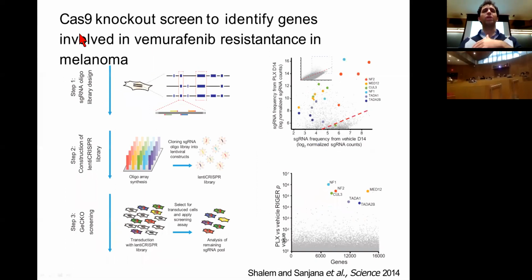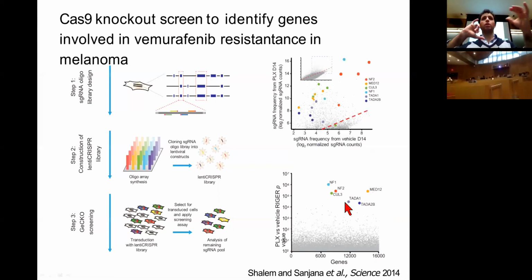You can use Cas9 knockout screens to identify genes involved in resistance. For example, you could use different guide RNAs and then select those cells that showed resistance, and then sequence to figure out what actually changed in their genome, and then identify the genes whose alteration or knockout was in fact leading to that change.